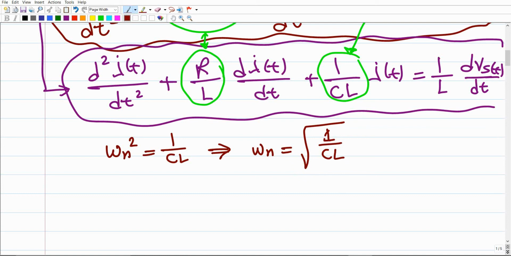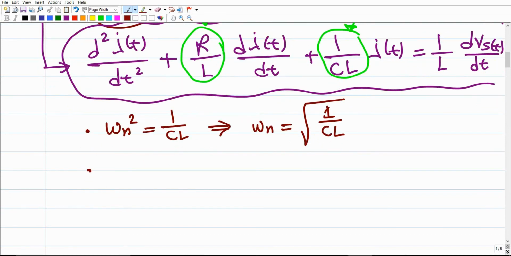How about the 2 xi omega n? If you try to compare the other two terms, and we're going to talk about the units later, but for now this is the first term. The second term here, which is 2 xi omega n, should equal R over L, right?